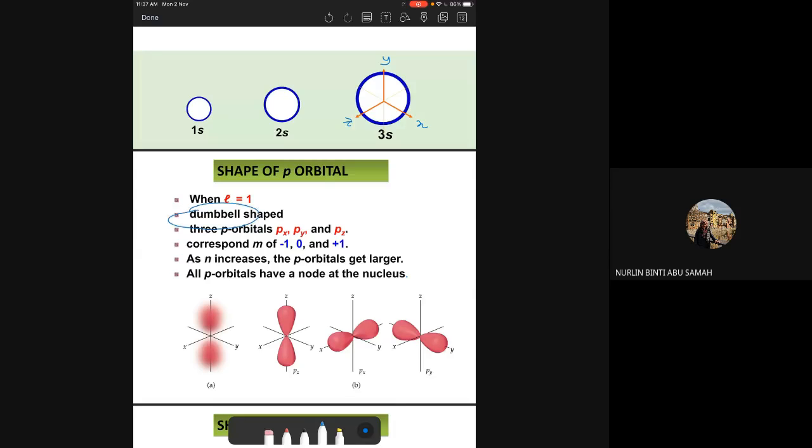Kita lukis memang bentuk dumbbell macam ni, tapi sebenarnya elektron delocalize bentuk macam ni. Dia ikut pada taburan elektron banyak pada mana. Itu maksud dia, dia banyak kat situ. Dia tak ada satu garisan yang pemisah antara orbital dengan orbital.